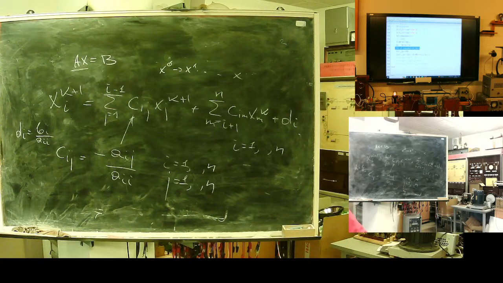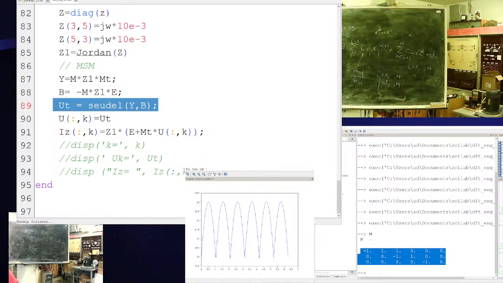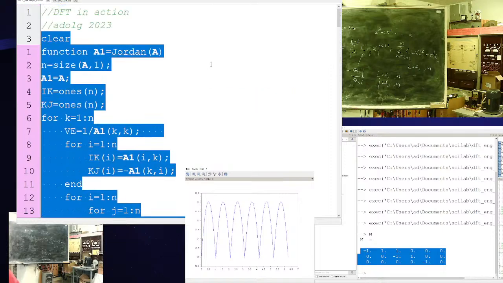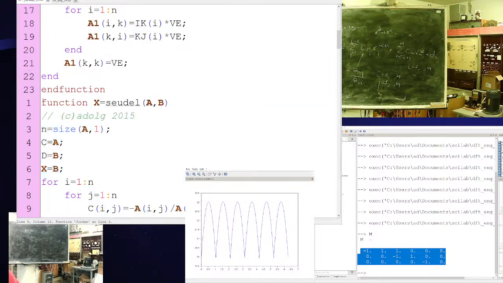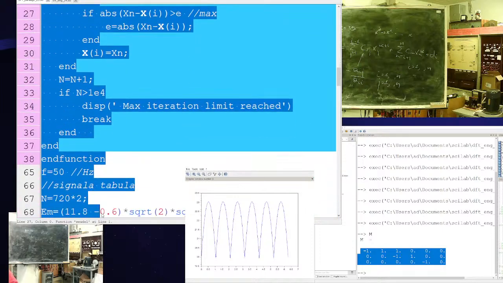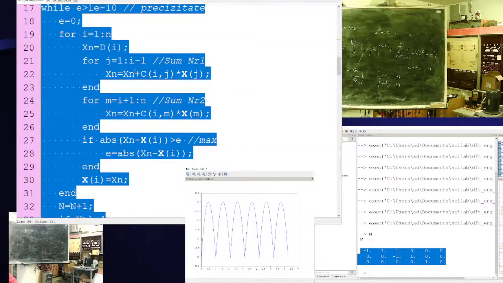So you see, I'm writing here Seidel. I will copy my Seidel. Where is my Seidel? Function Jordan. Oh, here it is. You can see sum number 1, sum number 2.